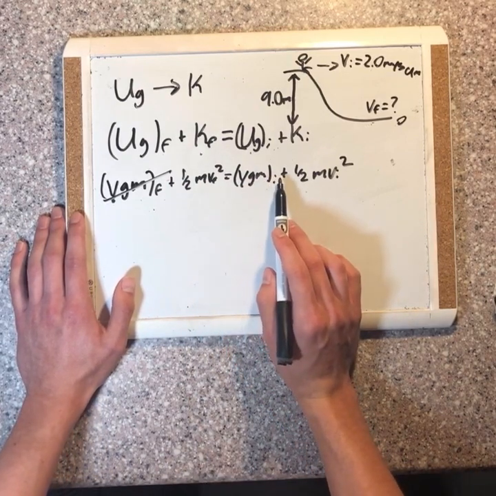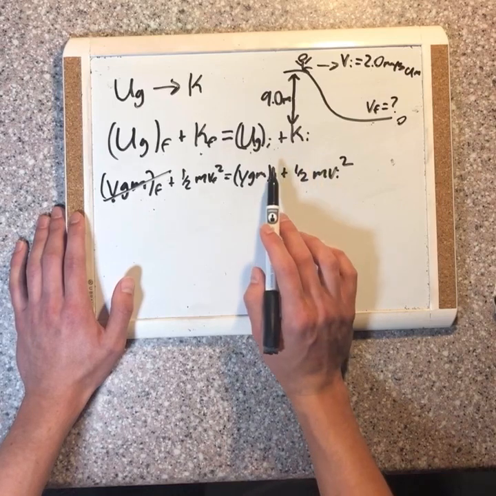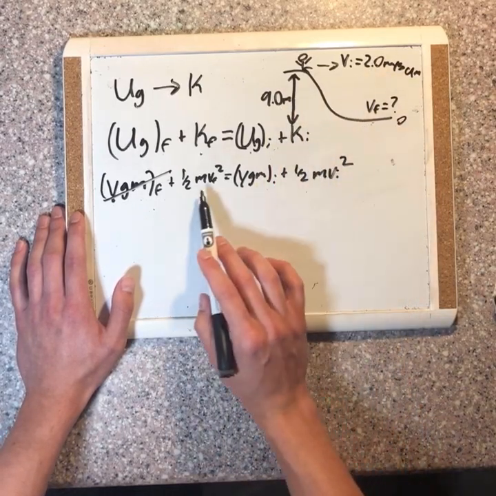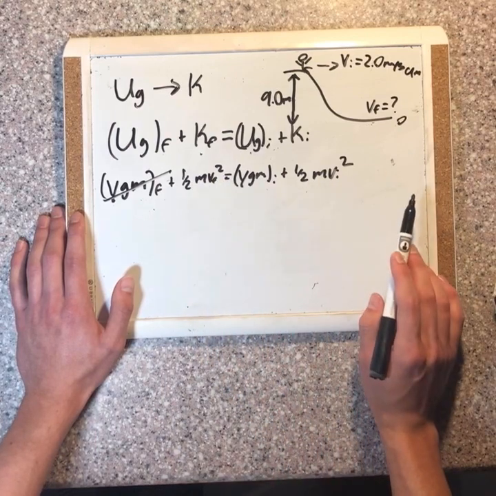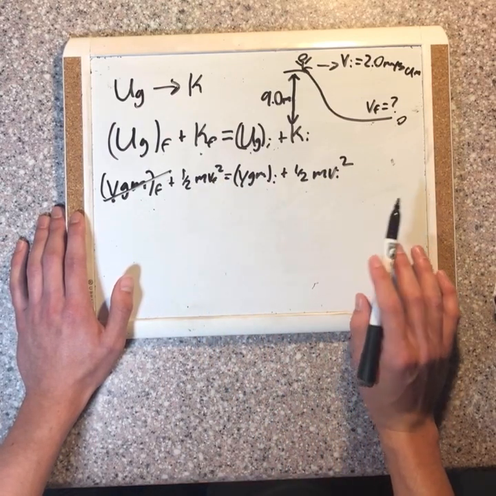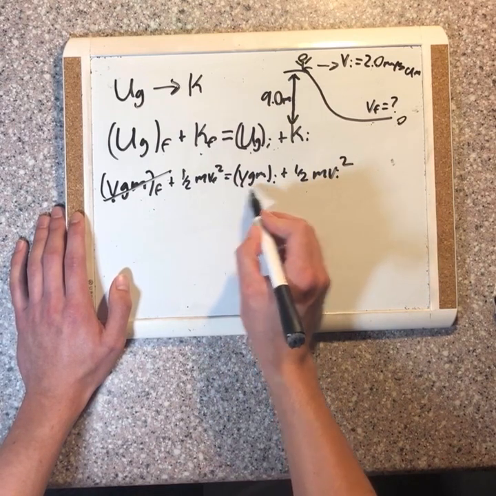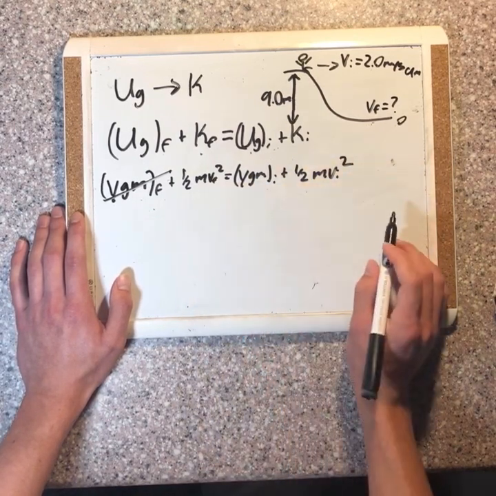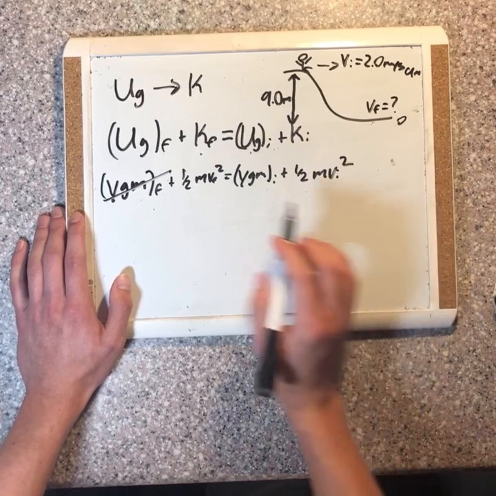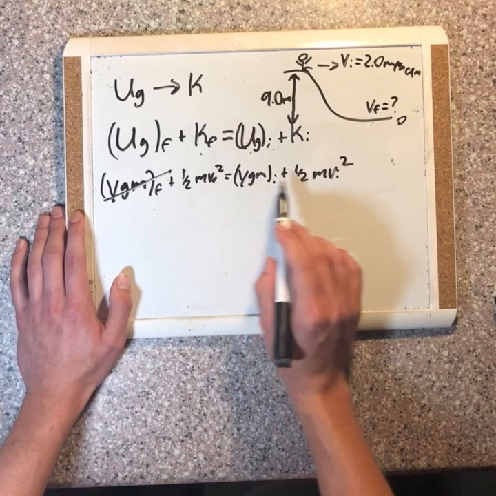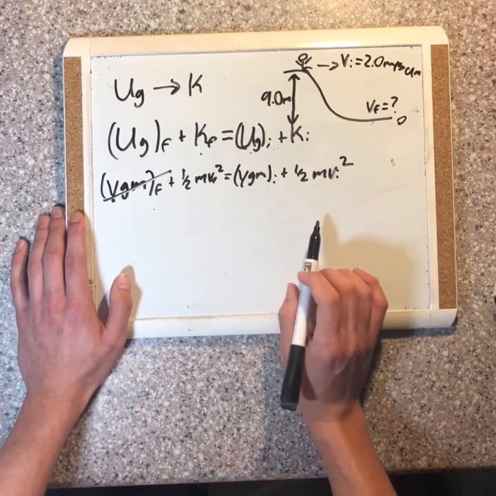Now, the second thing you might notice is that we weren't given a mass. We were given the height and the initial velocity, but mass is a part of this formula. So there's something we can do about that. If we were to divide by the mass, it would cancel out of the problem. Each and every one of these values has a mass involved.